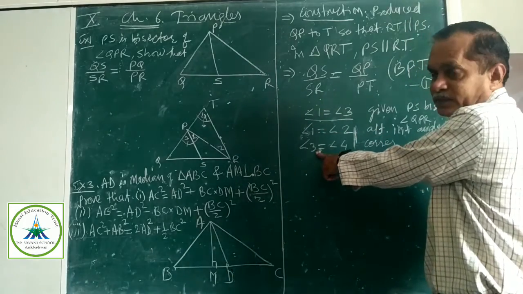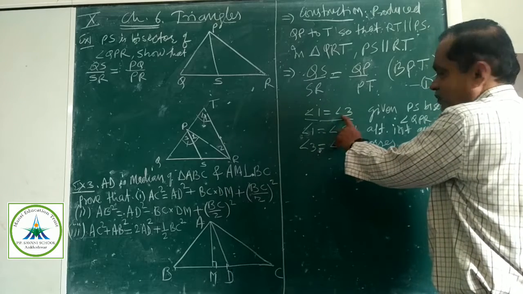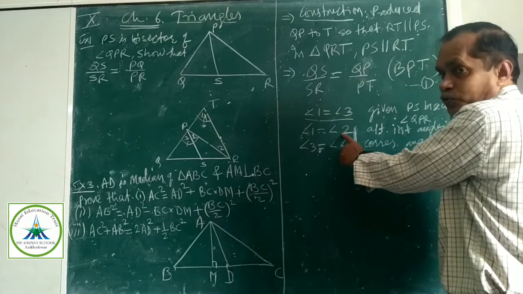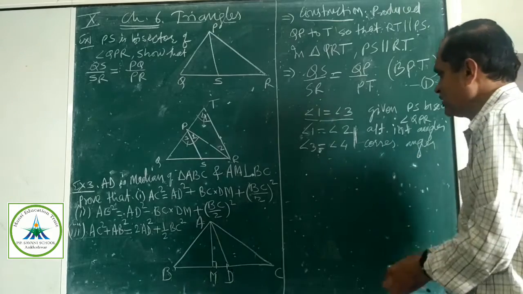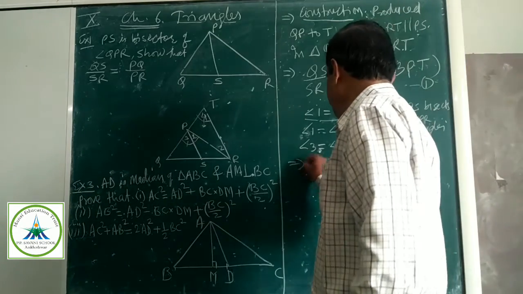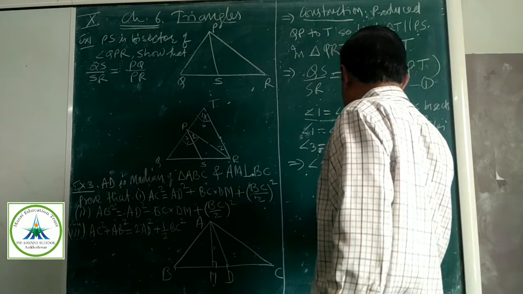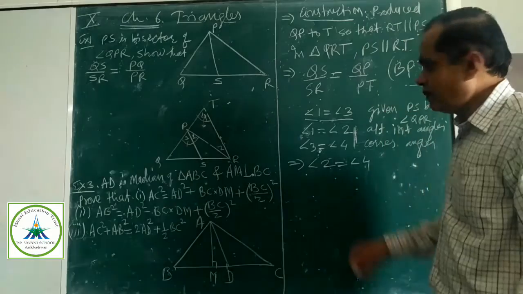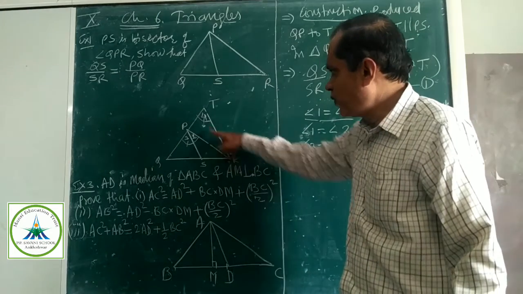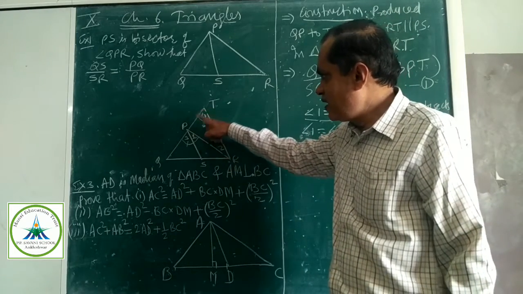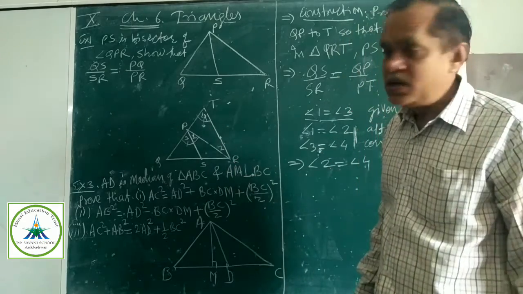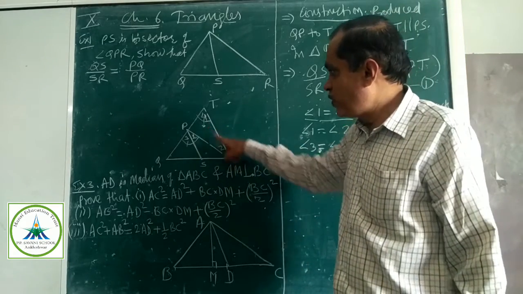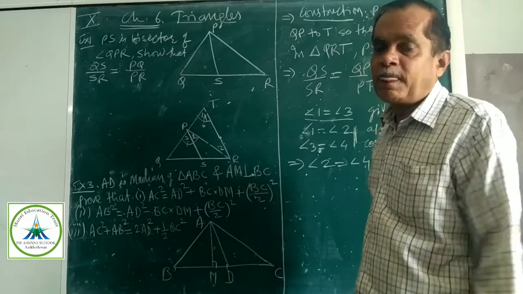1 and 3 are equal, so 1 equals 2, 3 equals 4, therefore 2 equals 4. This implies angle 2 equals angle 4. And if angle 2 equals angle 4, then in this triangle TPR, these 2 and 4 are base angles, and sides opposite to equal base angles are equal.